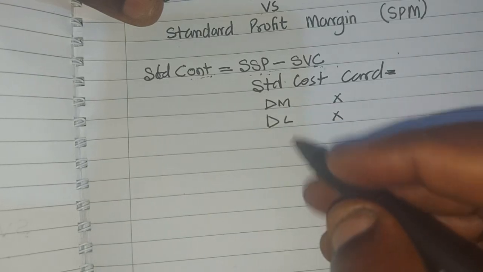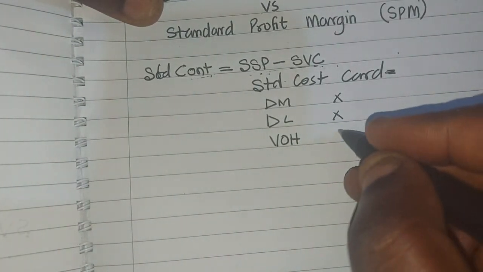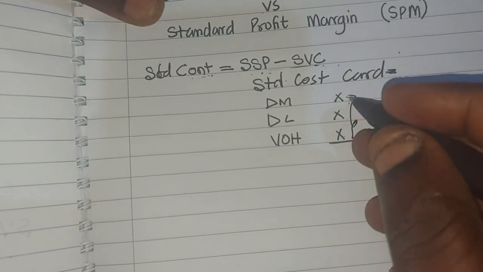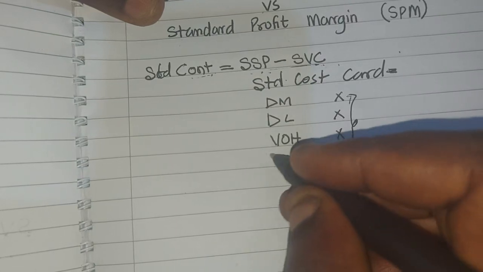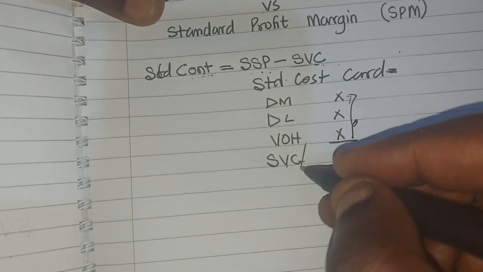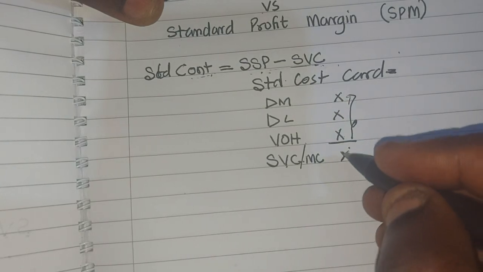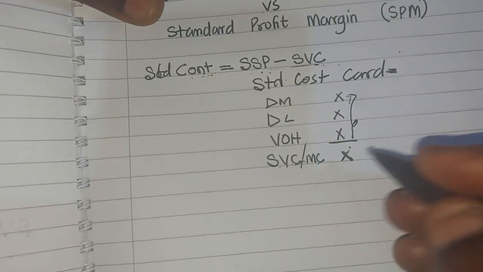These are the elements of the standard cost. Then variable production overheads. When we add these three together, this gives variable cost. So this is standard variable cost or marginal cost.